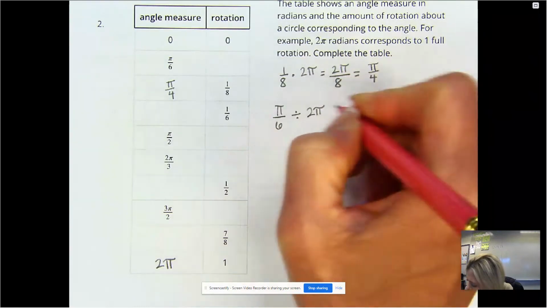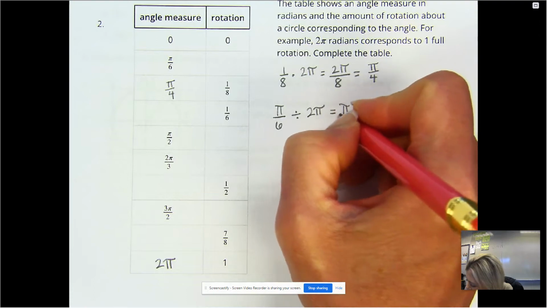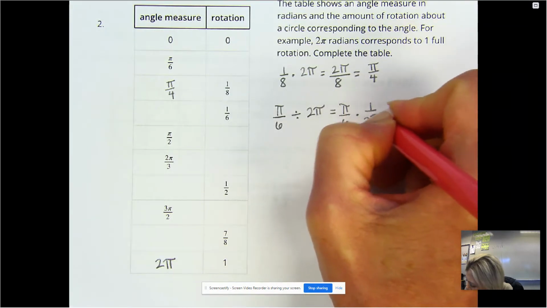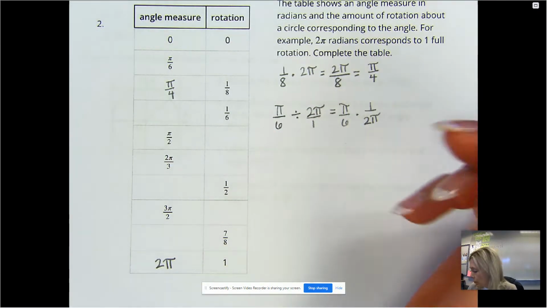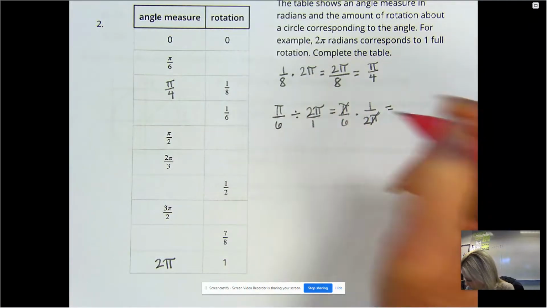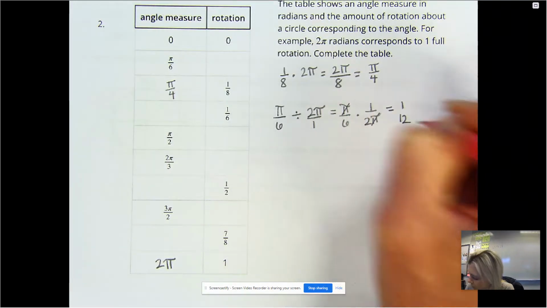And because this is a fraction, I'm going to say pi over 6 times 1 over 2 pi, the reciprocal of 2 pi over 1. And so here we go. The pi's cancel out. On the top, I get 1, and 6 times 2 is 12.